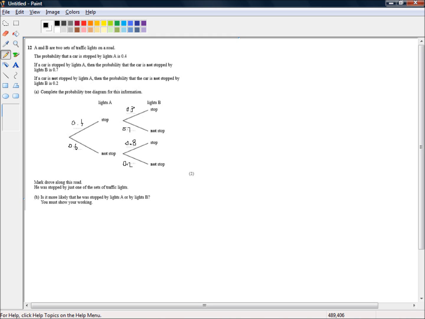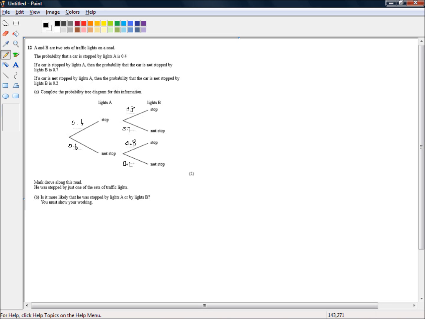Okay, I think this might be slightly badly worded, because the phrase "he was stopped by just one of the sets of traffic lights" sounds very much like a statement of fact, which would lead me to think that there's a 0.4 chance that he was stopped by lights A. Given that he was stopped by just one of the traffic lights, then there must be 0.6 chance that he was stopped by lights B.